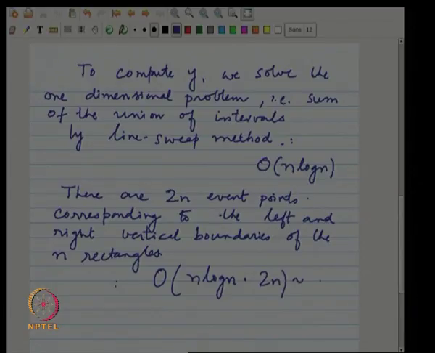Someone said n square; it is pretty close to n square, let us say n square log n. Fine. So, unfortunately, we are back to the same complexity.